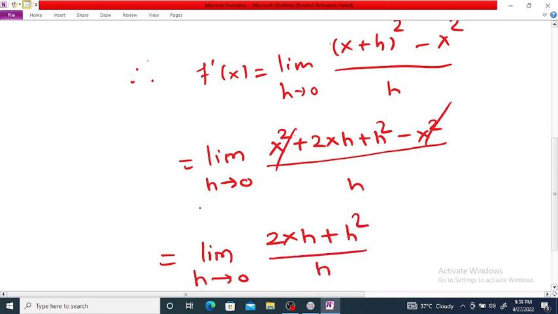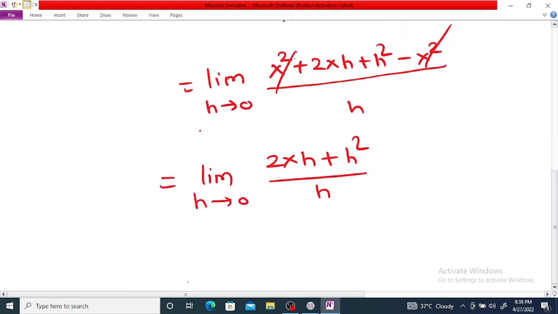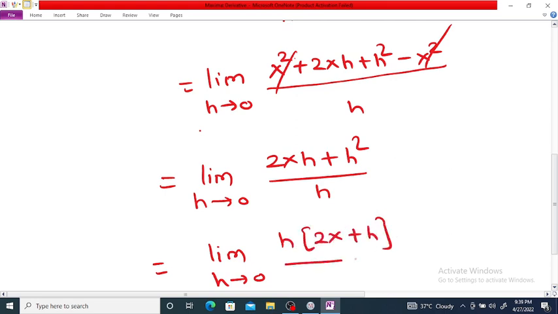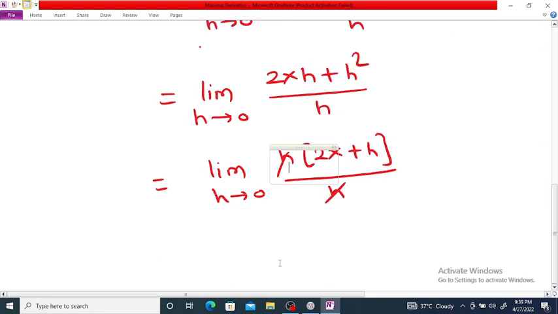Now from the numerator, if we take h outside, then it is equal to limit h tends to 0 of h times the bracket twice x plus h, divided by h. So this h will get cancelled, and we get finally limit h tends to 0 of twice x plus h.